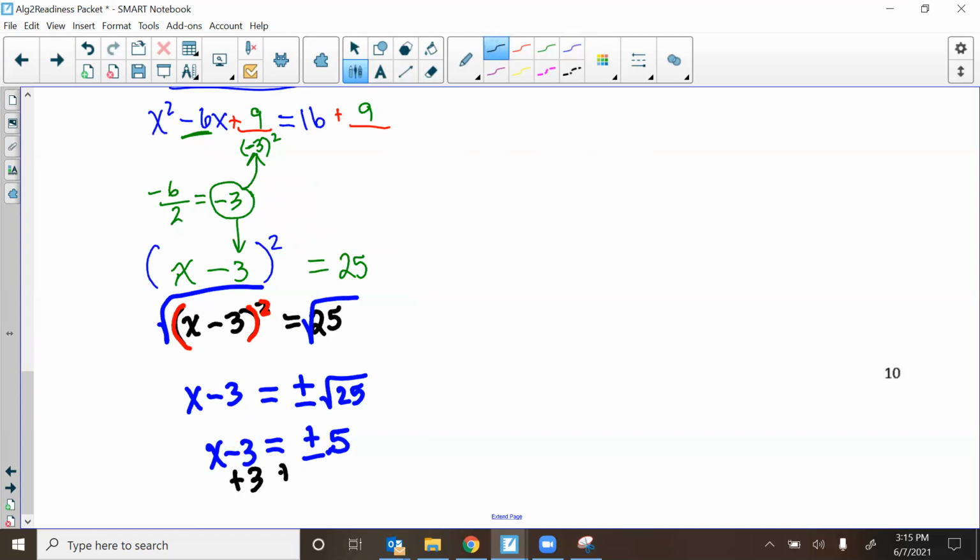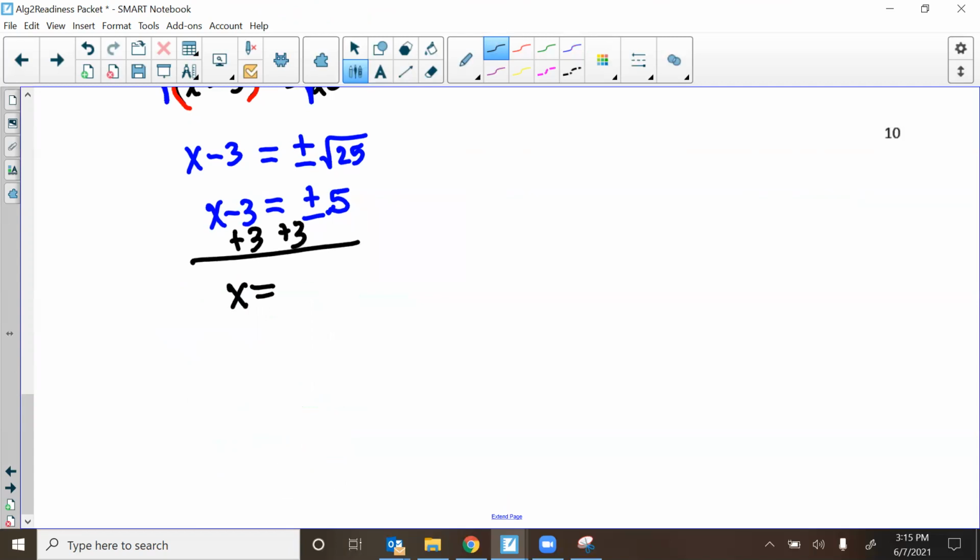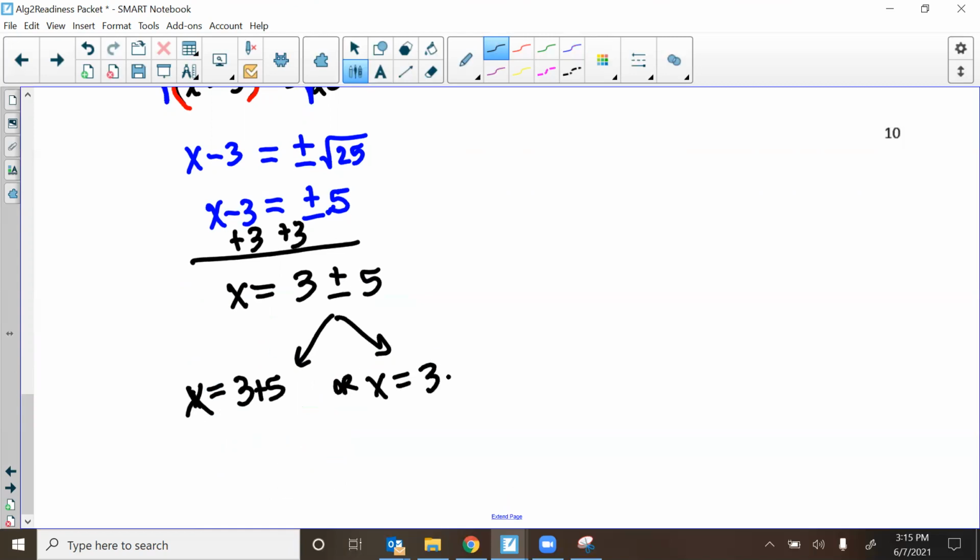I'll add 3 to both sides. And I'll get x equals 3 plus or minus 5. So that could be 3 plus 5, or x could equal 3 minus 5. So x could equal 8, or x could equal -2.